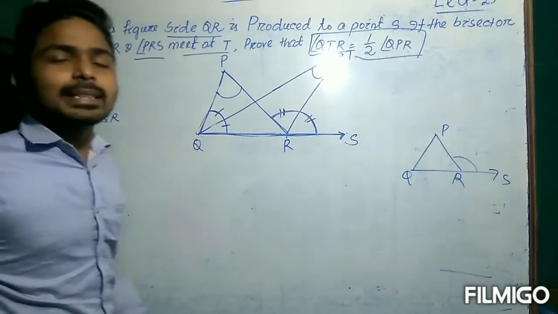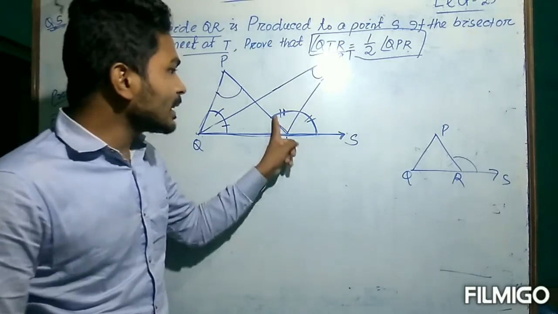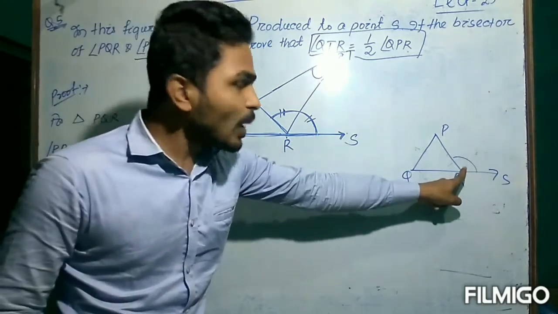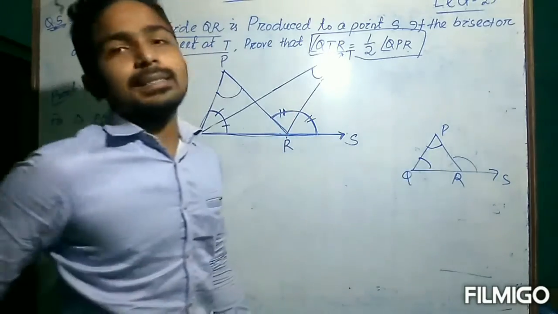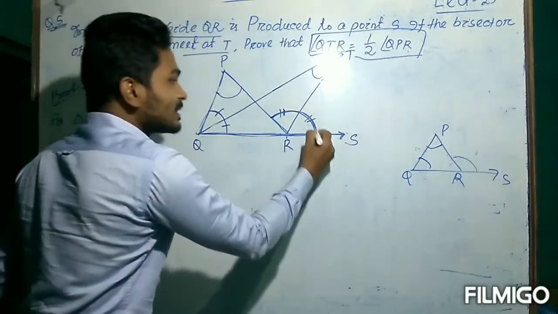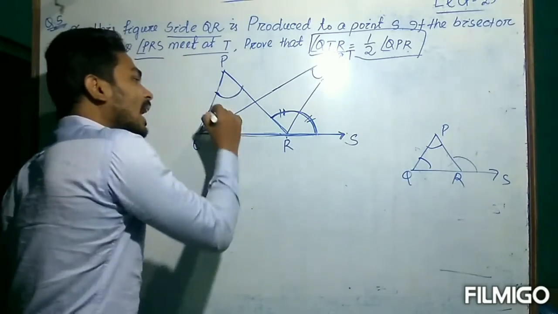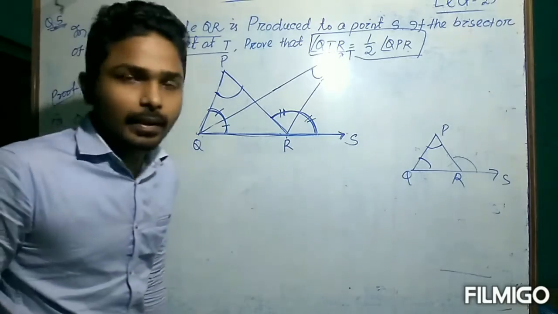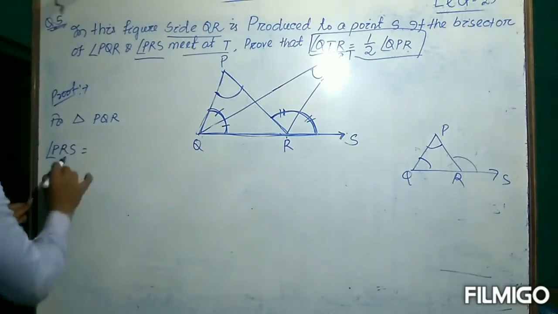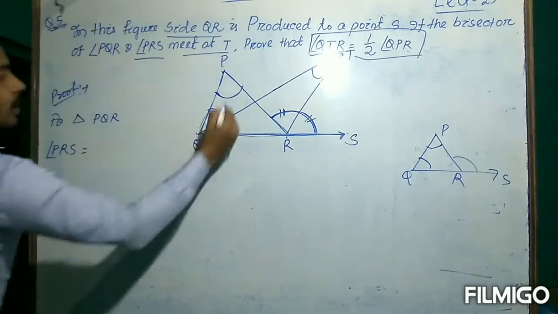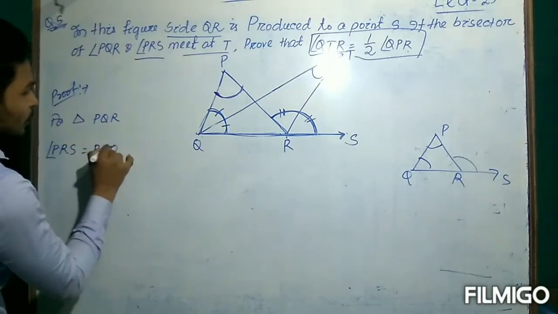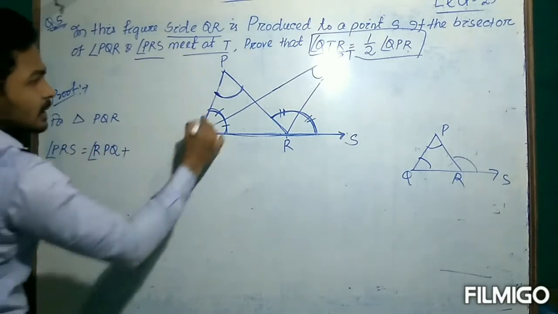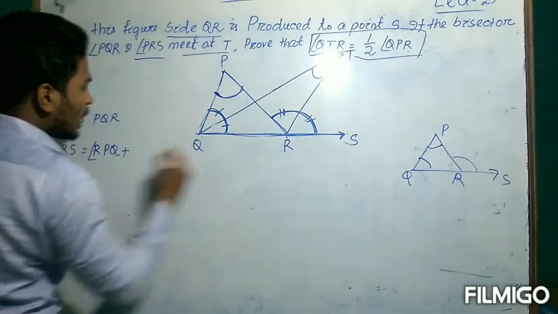According to theorem 6.8, the exterior angle is equal to the sum of the two interior opposite angles. Here, if this is the exterior angle, then this angle and this angle are known as interior opposite angles. So, PRS is equal to angle RPQ plus angle PQR.